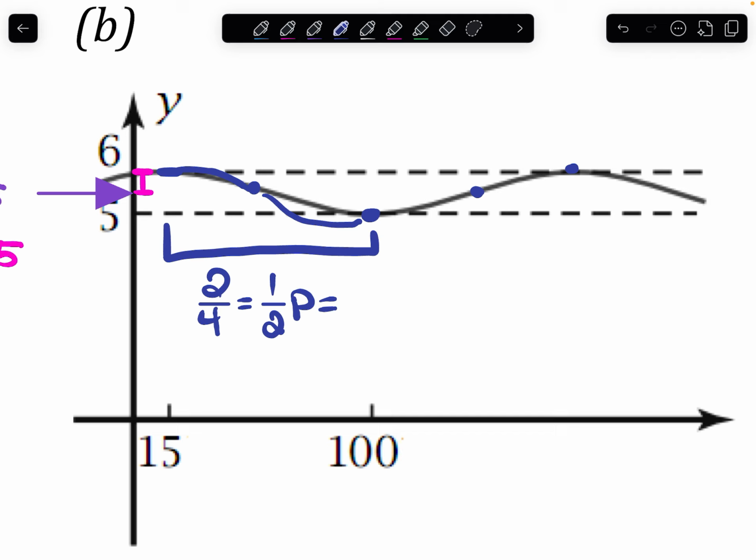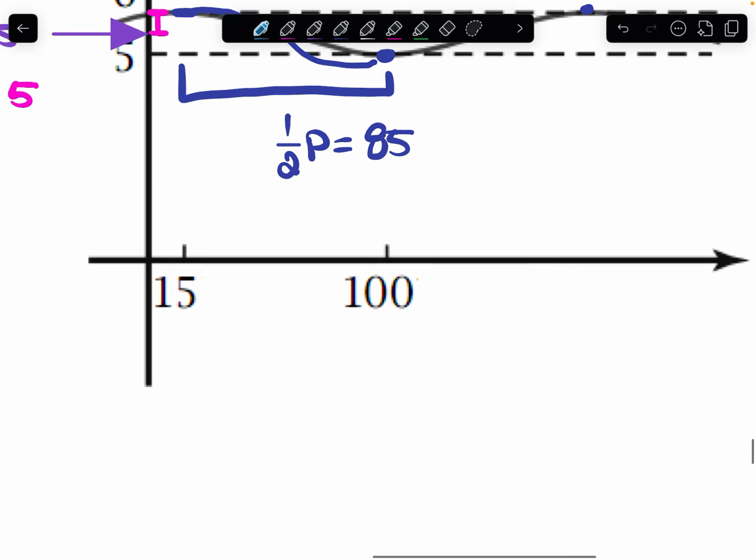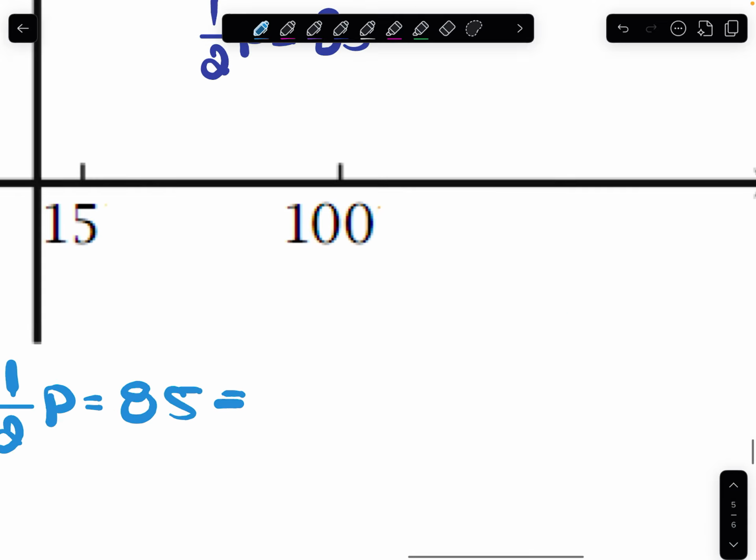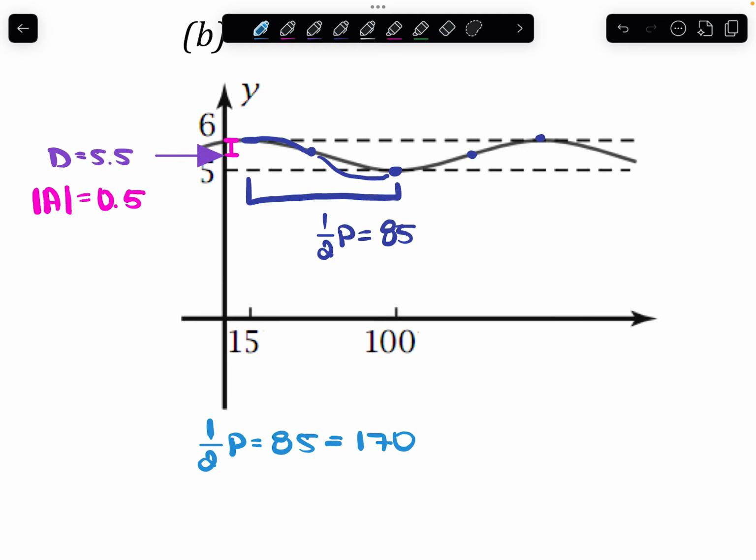Half the period is the difference between 15 and 100, which would be 85. So 1/2 P equals 85. So I'm going to move all that down here. So 85 times 2, 170. So the period's 170.